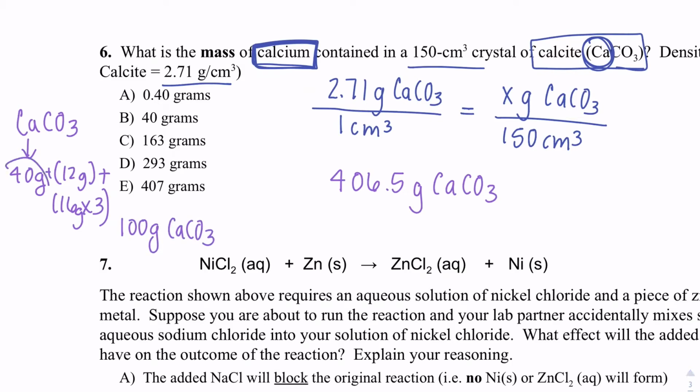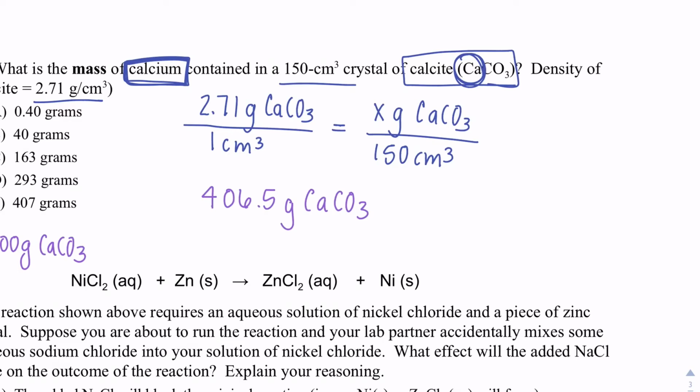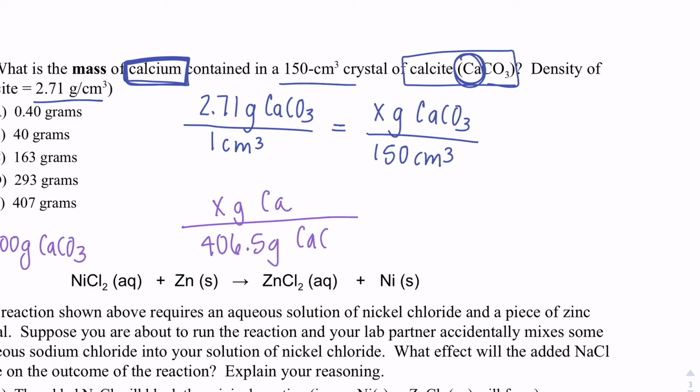And we know 40 of this is calcium. So we can set up a proportion where we look at just that. So I'm just going to move this down, set up a proportion. X grams of calcium over 406.5 grams of calcium carbonate is equal to 40 grams of calcium over 100 grams of calcium carbonate.